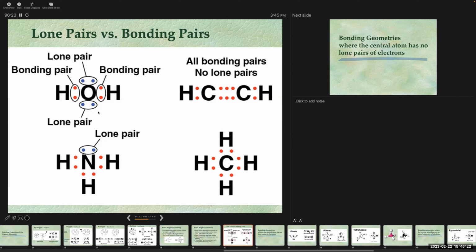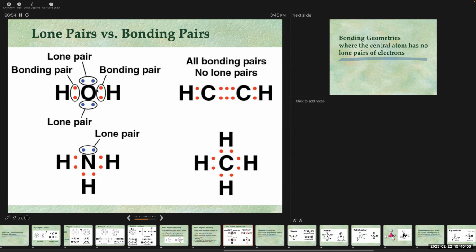So here's our water molecule in the upper left. Oxygen in the middle, and two H's, one on either side. And this is a Lewis dot figure where we see the electrons in the outermost shells that are actually responsible for creating bonds. But I've color-coded them and circled them to distinguish the bonding pairs from the lone pairs.